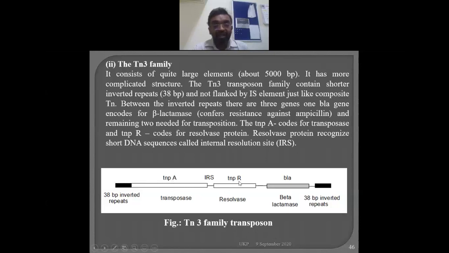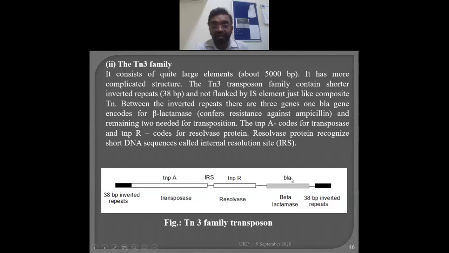Then another is the TNPR. It codes for the resolvase. It is helpful in order to identify the location where to make a cut and where to insert. Some sort of smarter mechanism is associated with the TN3 family. And BLA is actually the abbreviation of beta lactamase. LA is taken from lactamase, the beta lactamase gene.